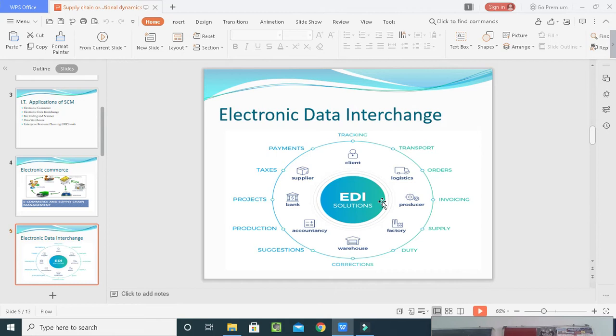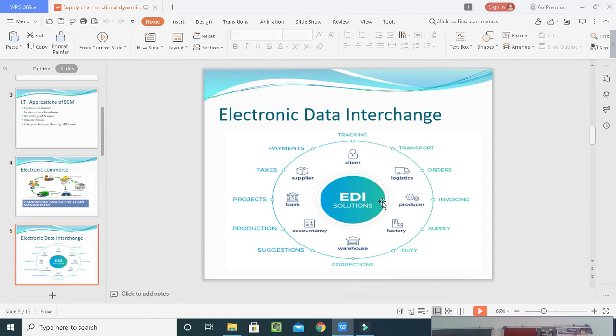The benefits of EDI are quick processing of information, better customer service, reduced paperwork, increased productivity, cost efficiency, competitive advantage, improved billing, and improved tracking and expediting. All these are the things we can go for.